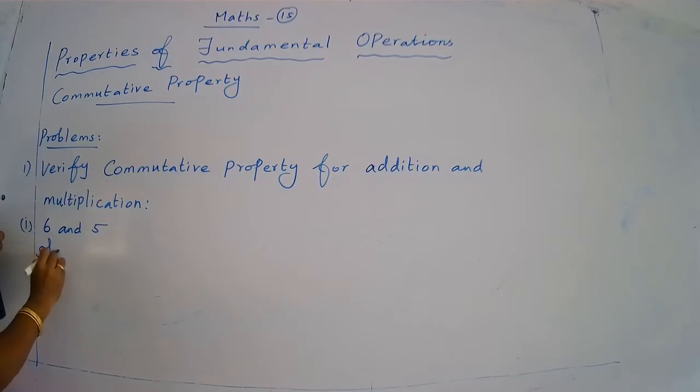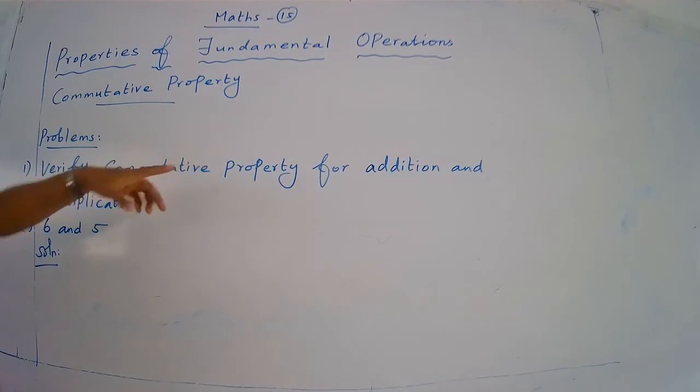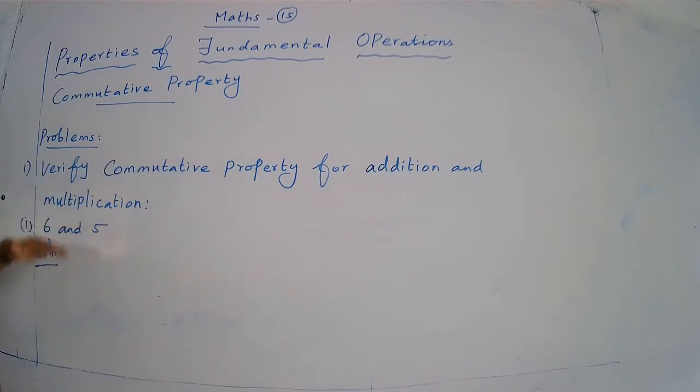This is commutative property for addition. Next you check for commutative property for multiplication. Commutative property for multiplication. What is the rule?